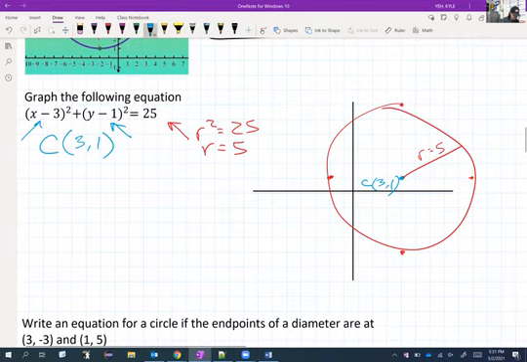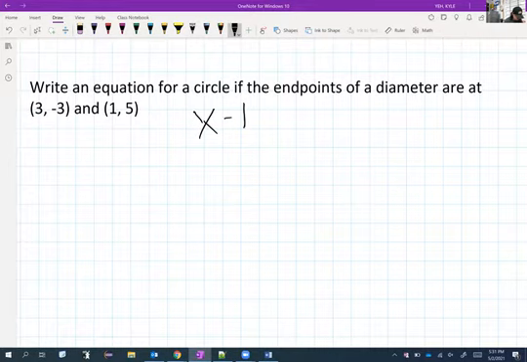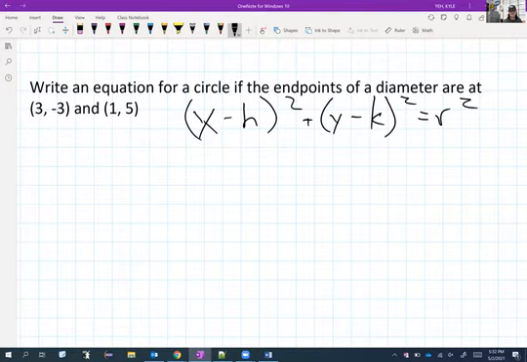What about a problem looking like this? Write an equation for a circle if the endpoints of a diameter are at (3, -3) and (1, 5). So a different type of problem, but still we're just going to use what we know to be (x - h)^2 + (y - k)^2 = r^2, our standard form for a circle.